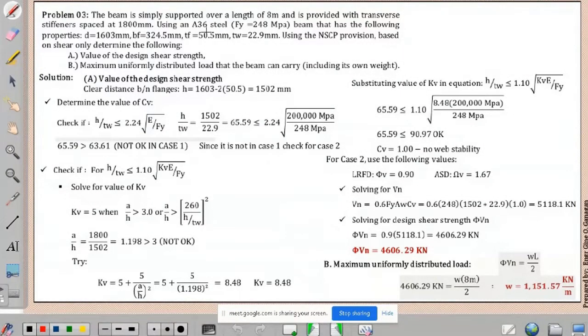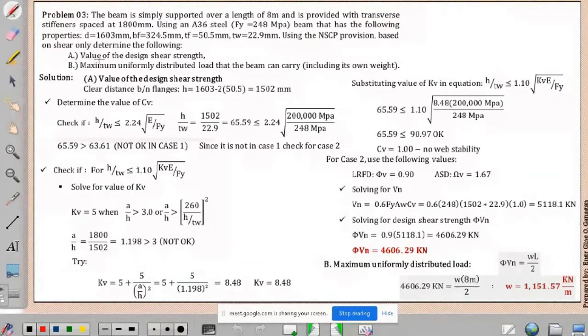We have to use A36, that is Fy is 250 MPa. And yung beam natin has the following properties. Ito yung properties natin sa ating beam. So D, bf, tf, and tw given. And we have to use the NSCP provision based on shear.